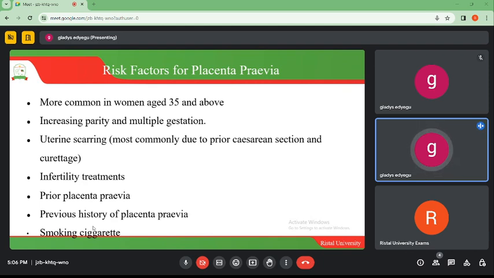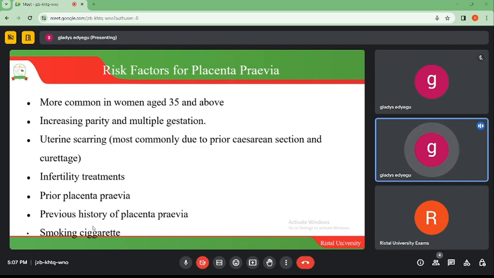The placenta cannot embed where there is a scar, and it will look for a new site where it can get good and enough nutrients for the baby. For that reason, it may end up embedding at the lower segment of the uterus, causing placenta previa.